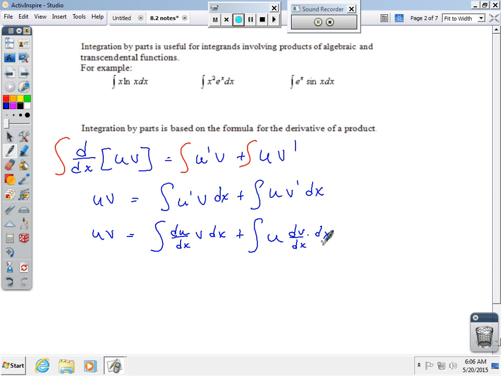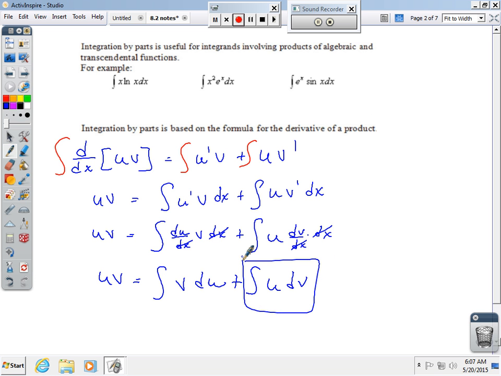What ends up happening is this dx and this dx cancel out, so I get uv equals the integral of v du plus, these dx's cancel out, and I get u dv. And I've got to solve for u dv, right? So moving it over and simplifying it, the integral of u dv is equal to uv minus the integral of v du.